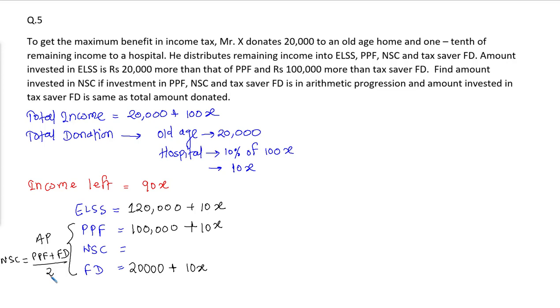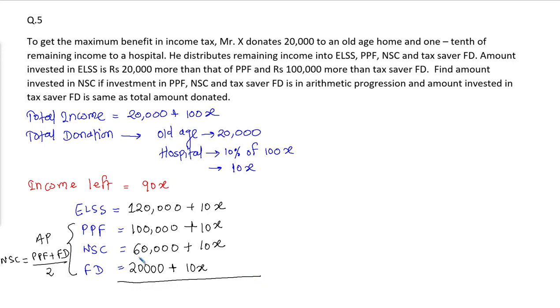So the amount invested in NSC is going to be (PPF plus FD) divided by 2. That is going to be how much? 1,20,000 plus 20x divided by 2. Okay, that is equal to how much? That is equal to 60,000 plus 10x.